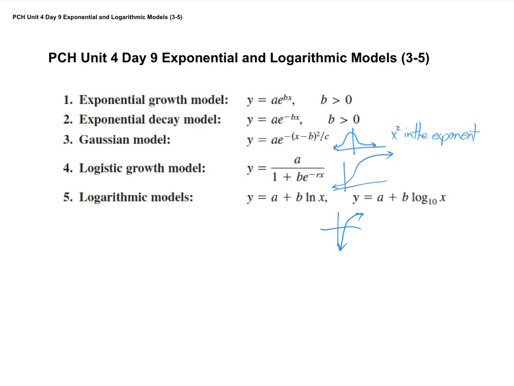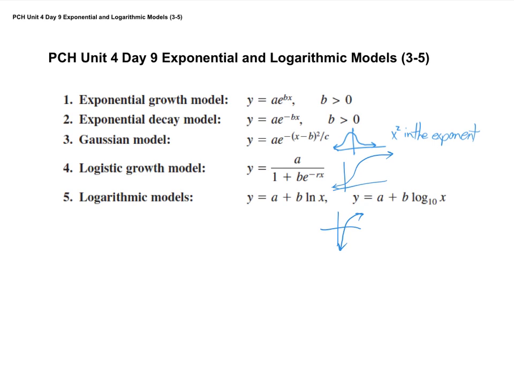The logistic growth model's range goes from whatever that bottom asymptote is, typically 0, up to whatever that top asymptote is, which is usually capacity. Like if we're talking about a virus spreading, it's the total number of people in the area. So that's going to be the cap as to how many we could have.